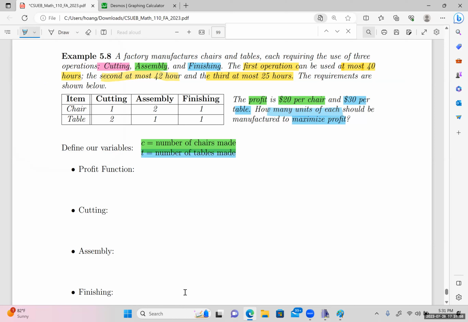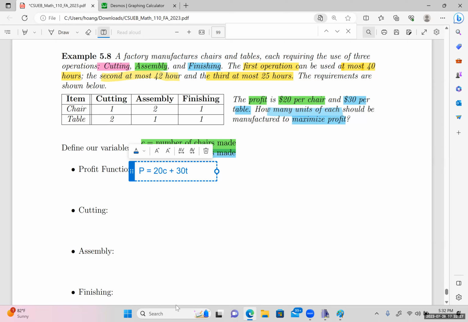All right. So how can I write the profit function? P will be equal to 20 times C plus 30 times T, because each chair sells for $20 and each table sells for $30, right?